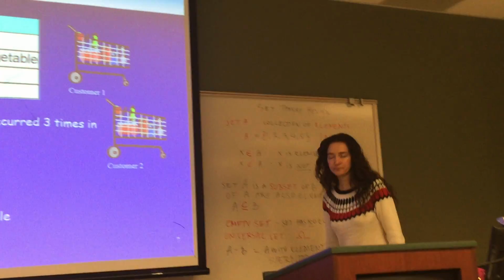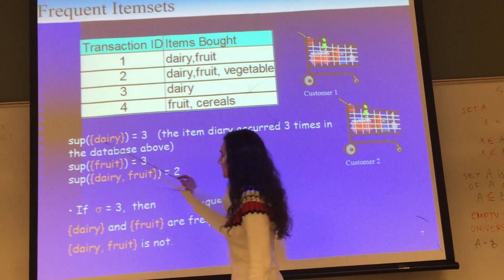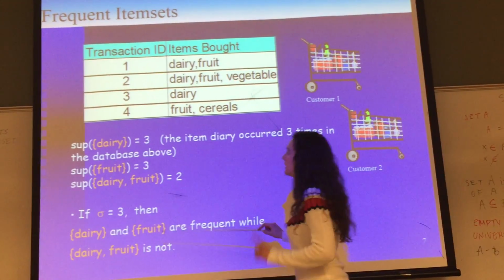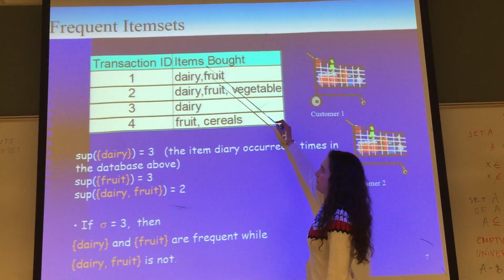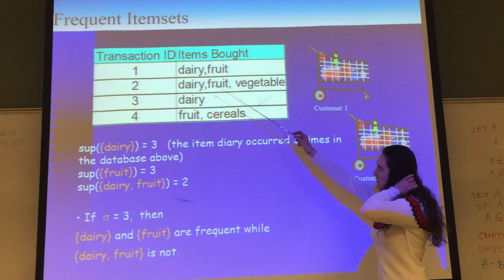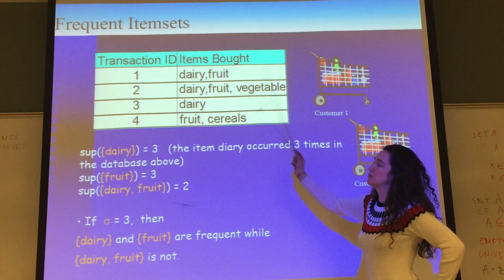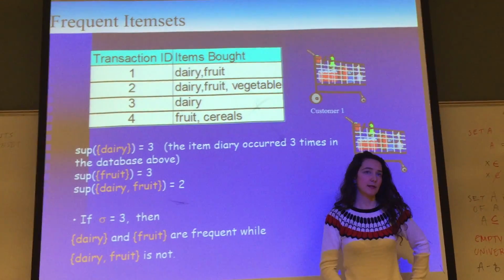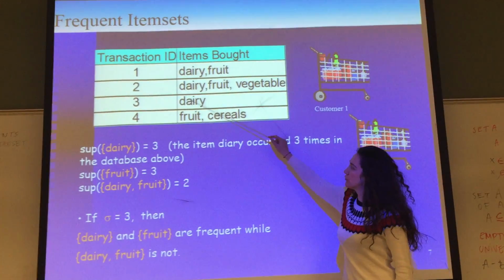For example, the set is just this, dairy. It has one element, dairy. How many times did dairy happen in the database? Look over here. These are transactions 1, 2, 3, 4. How many times do we have dairy in this data set? 3. 1, 2, 3.